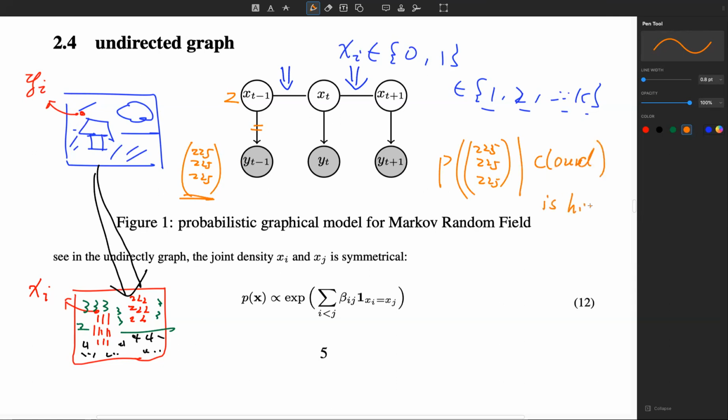Maybe I'll write it like this: conditioning on the pixel, say xi equal to cloud, yi equal to the color is high. You get the idea? Yeah, okay.